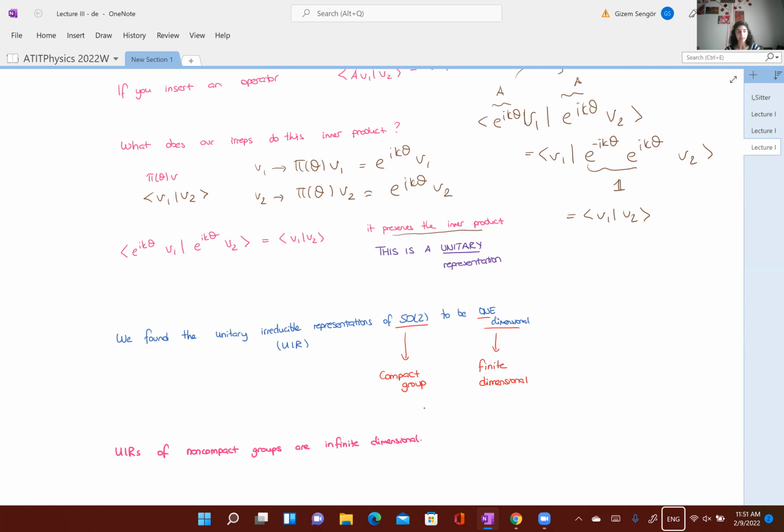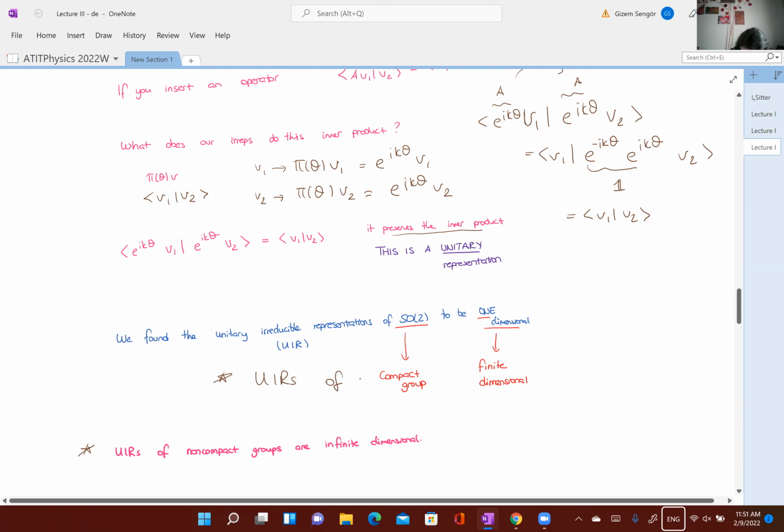Remember yesterday we said there's the concept of group, but within this there's a category of compact groups and a category of non-compact groups, and they have some differences. This is one of the differences. Unitary irreducible representations of a compact group are finite dimensional.